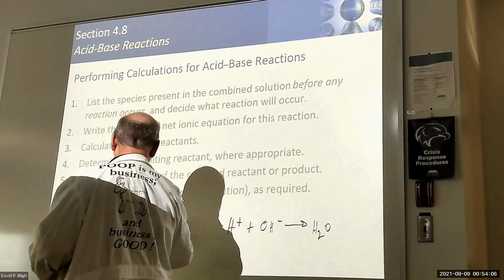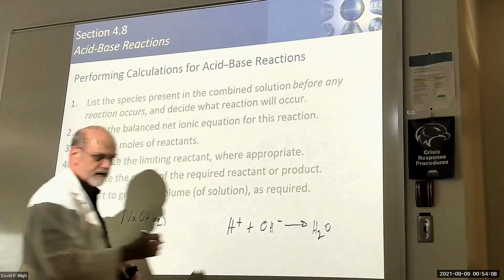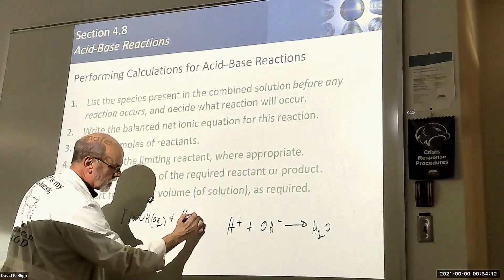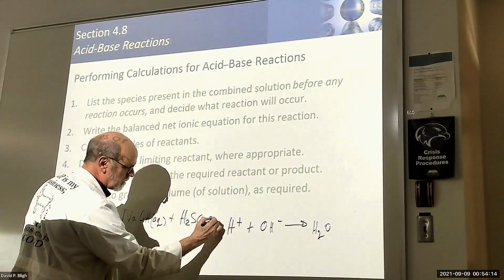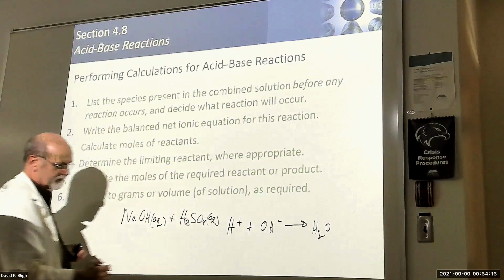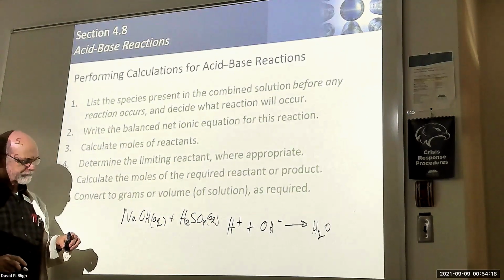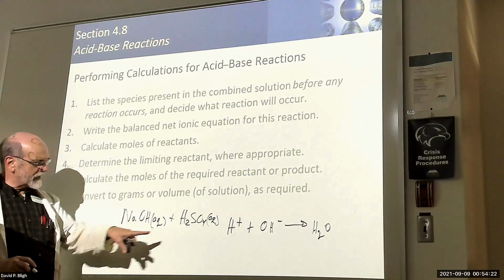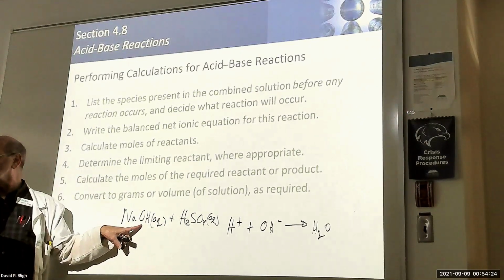reacting aqueous sodium hydroxide. Let me get on this side so they can see it over there. Plus sulfuric acid. Right? So how would you balance that? Well, this one produces two hydrogens. That one only produces one hydroxyl.